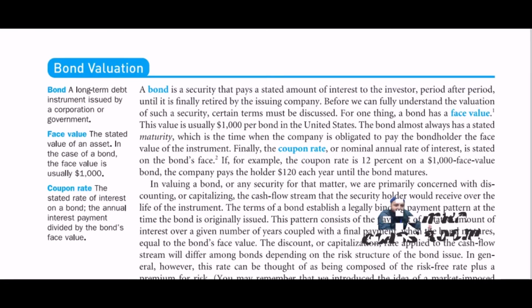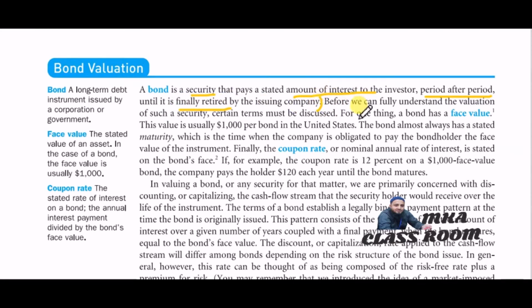Actually, a bond is a long-term debt instrument issued by a corporation or a government. It is a security that pays a stated amount of interest to the investor, or the purchaser, period after period until it is finally returned by the issuing company.